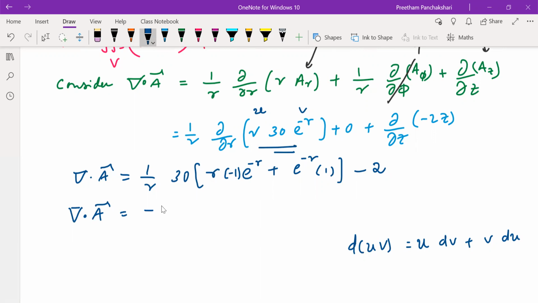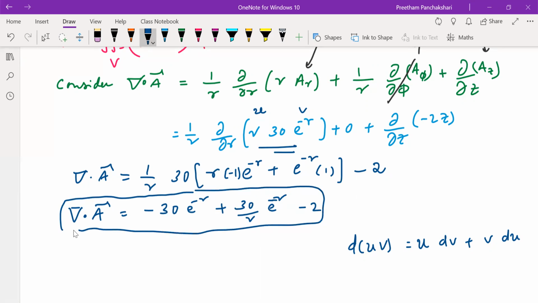We are left with minus 30 e power minus r. Again here is plus 30 by r into e power minus r, minus 2. So this gives us the divergence of A for the given A vector.